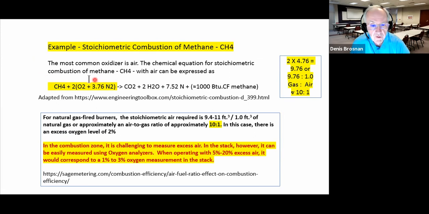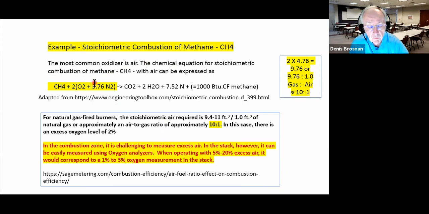So look what we have here for each part of methane. We have 2 times 1 of oxygen and 3.76 of nitrogen. So 1 volume oxygen, 3.76 volumes of nitrogen. That's a total of 4.76 volumes times 2. And if we do that arithmetic, we end up with 9.76 parts of air to 1 part of methane.